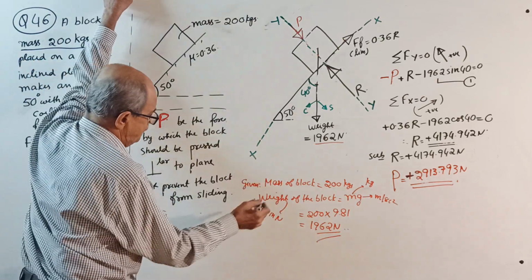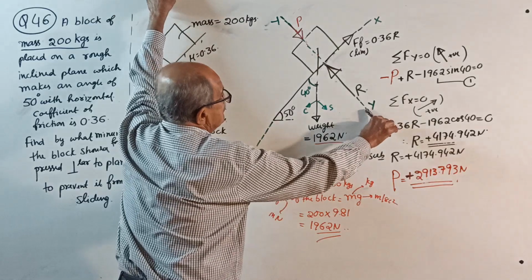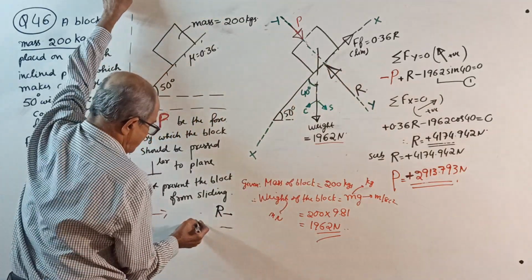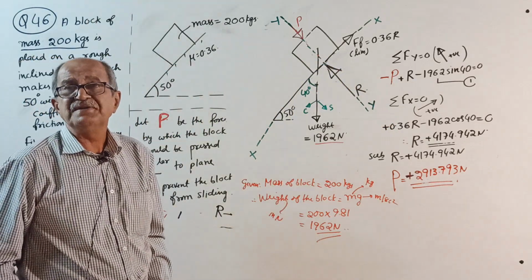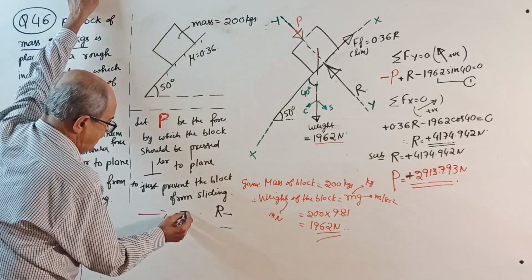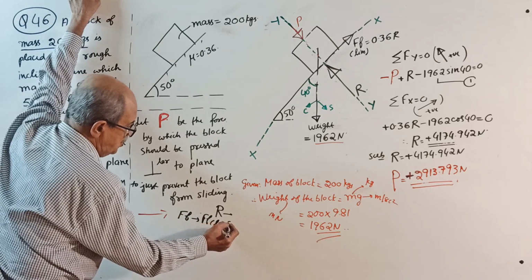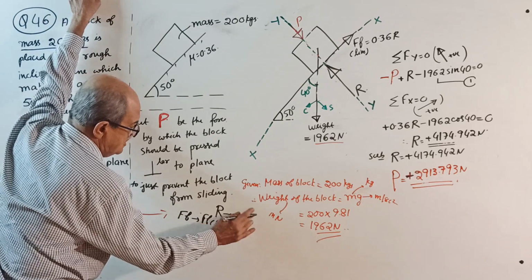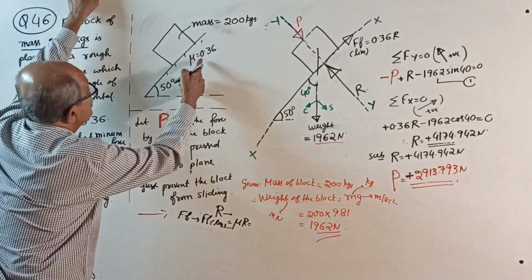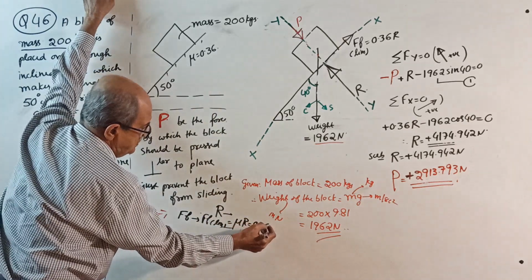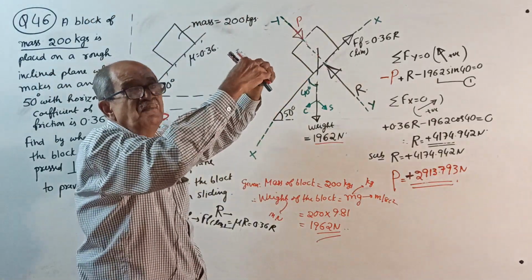Now write here, let R be the normal reaction. Since our case is just to prevent sliding, friction F limit equal to mu into normal reaction, mu given in the question 0.36 into R. The block is to be prevented from sliding down.